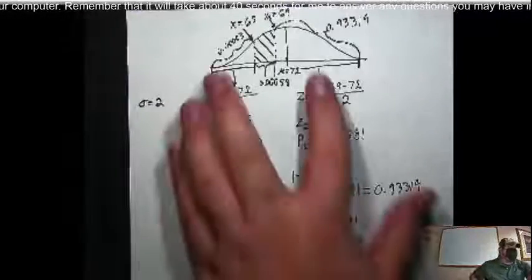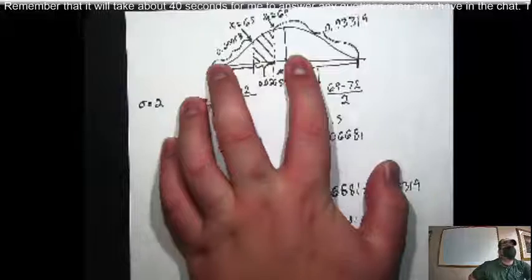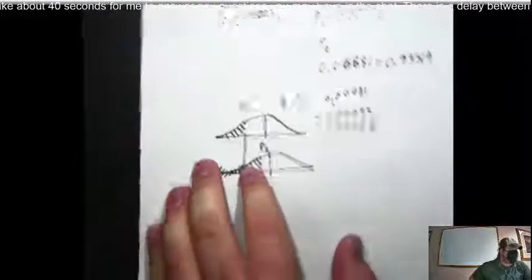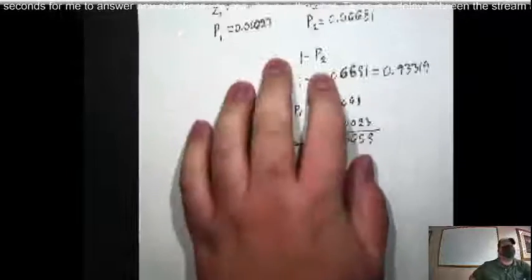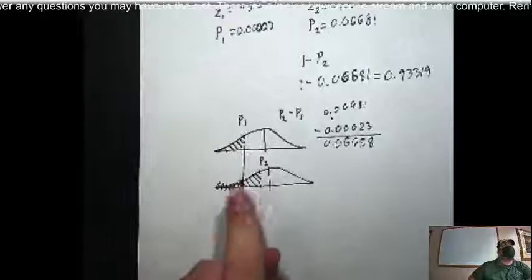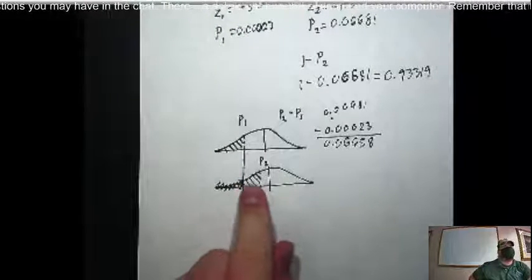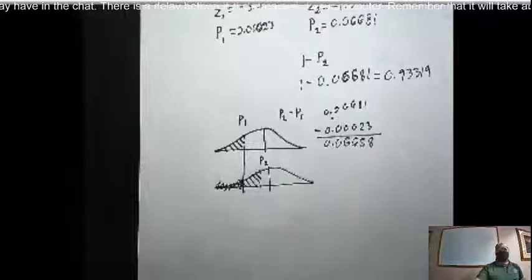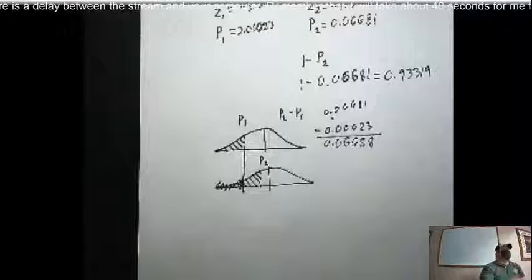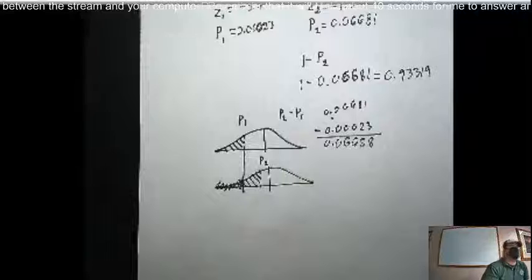So you can either think about it like this, where you're flipping this and then subtracting both of these sides to get just this part in the middle, or you can get your probabilities, your P1 and your P2, subtract P1 from your P2, and it'll just give you that part right there. So they both do basically the same thing. It's just different ways of looking at it.